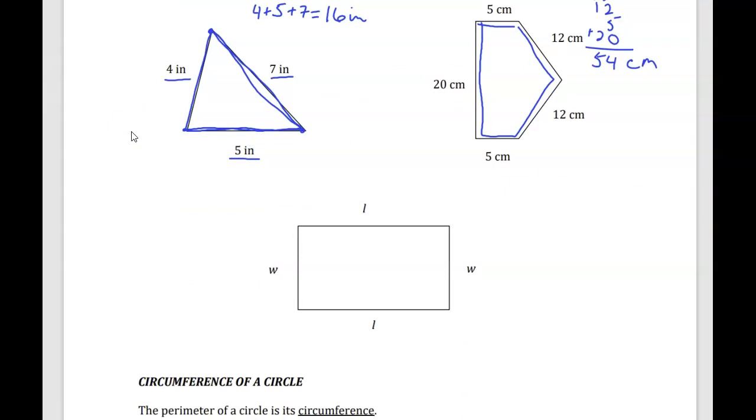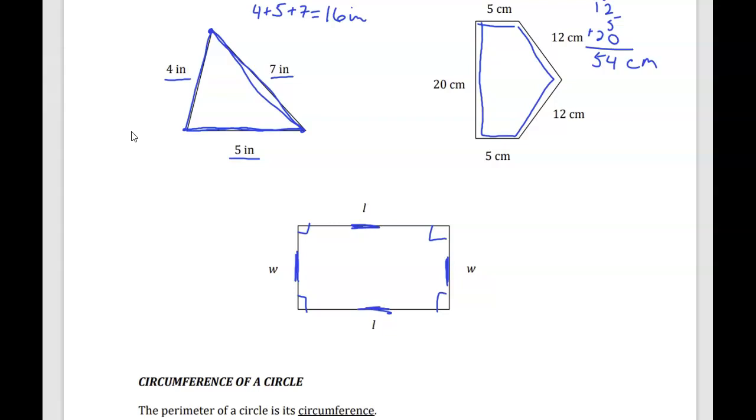Now this one, we don't necessarily have numbers, but that's okay. This is a rectangle, because if you'll notice, the opposite sides are the exact same length, and I could draw in right angles here, making this a rectangle.